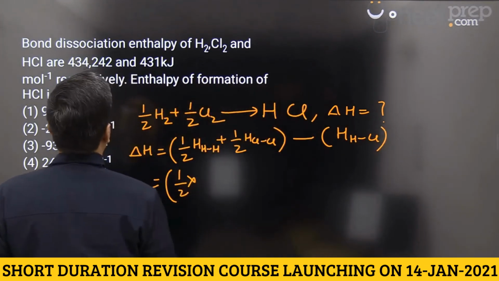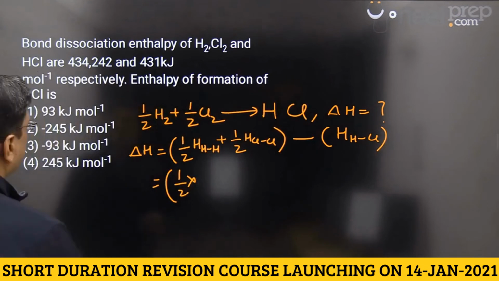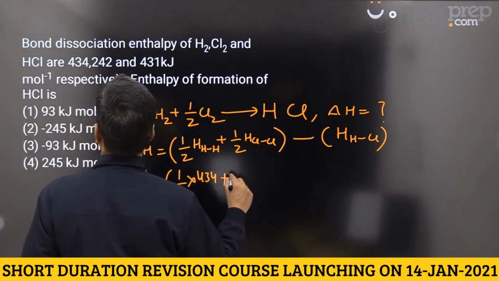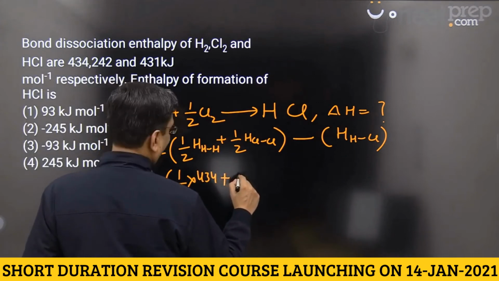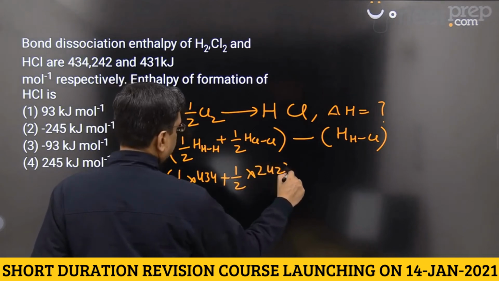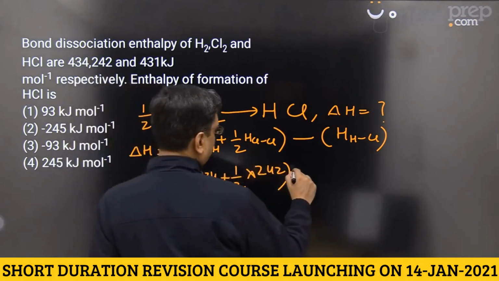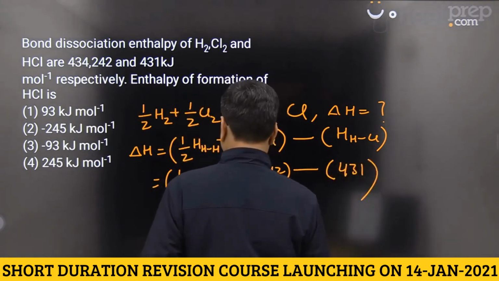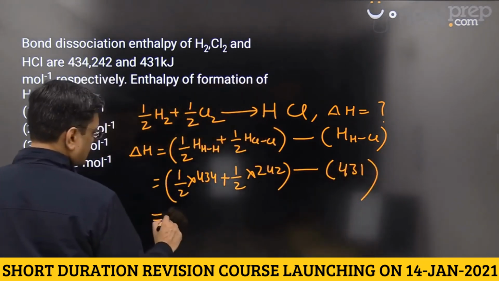Half into H-H bond energy, which is 434, plus half of 242 for the reactants, minus product H-Cl, which is 431, right?